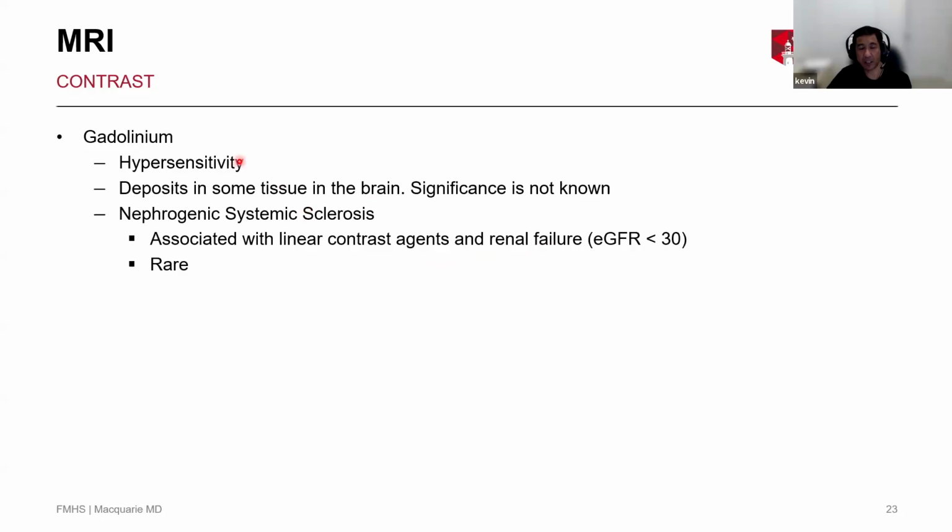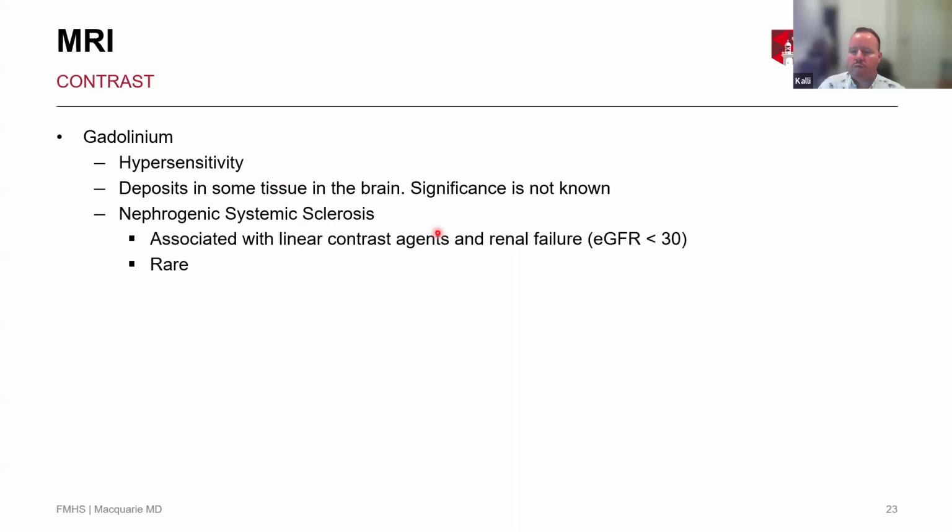In terms of the hypersensitivity, it's treated exactly like any other allergic reaction. Supportive care, depending on what it is. And the main thing is, if it's a significant reaction, don't have more gadolinium, avoid the agent. In terms of the deposition in the brain, I'm not entirely sure. No one's actually proved that it's caused a problem.